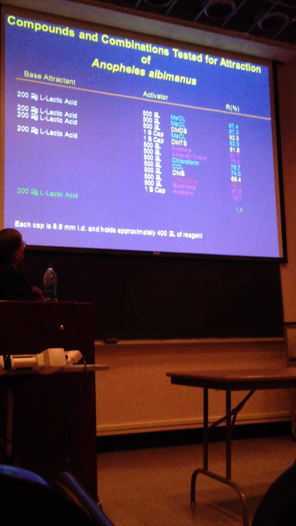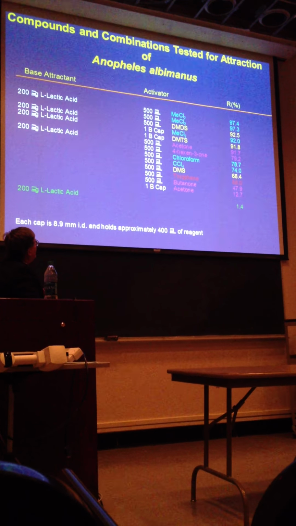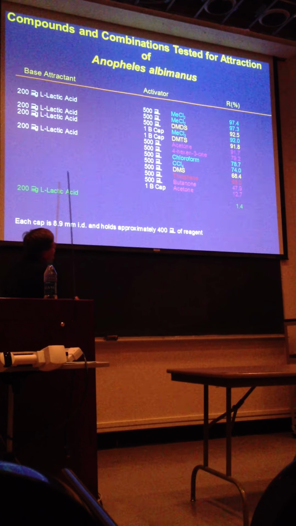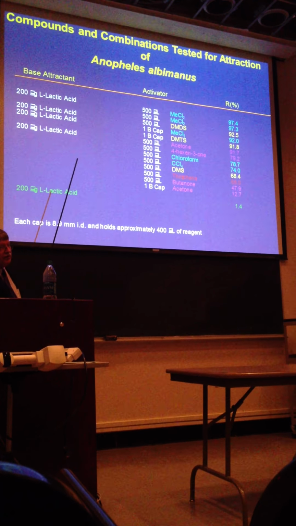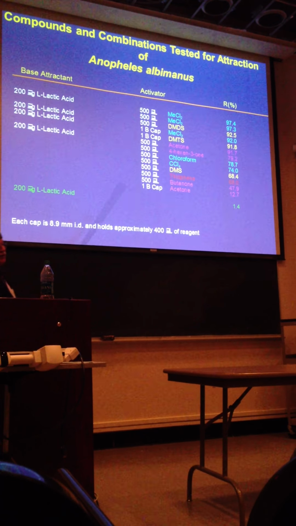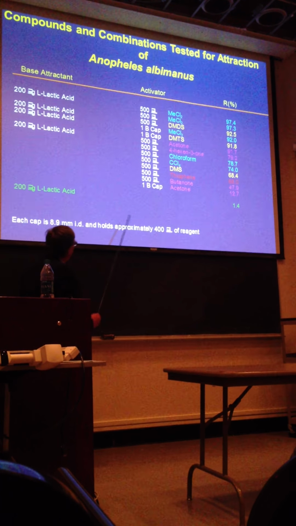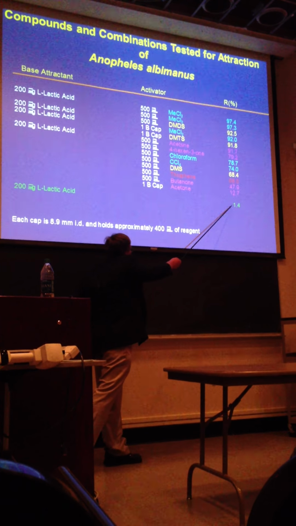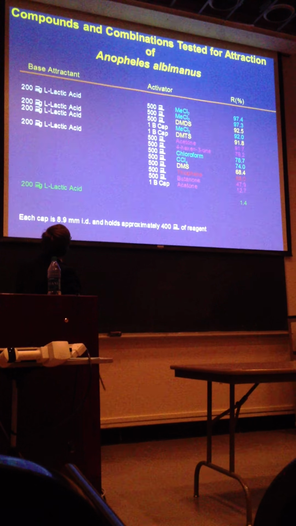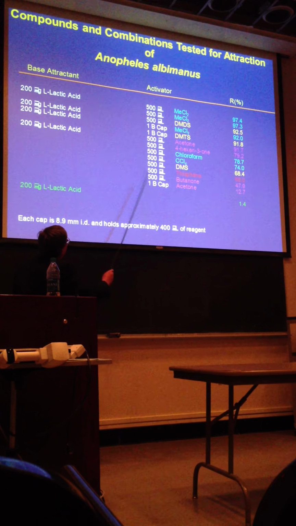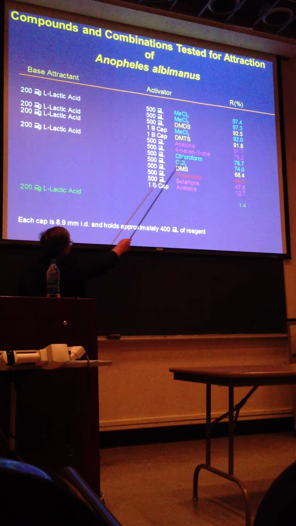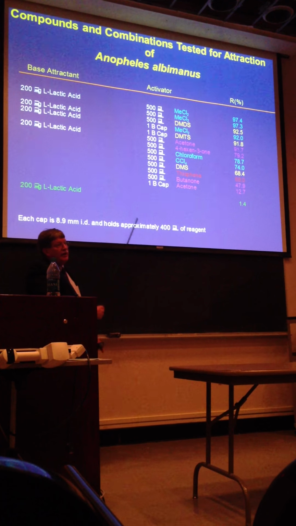So we looked at other species, these albopictus, these Egypti. Remember, there was 25% response to lactic acid. We put albimanus, which was a malaria vector in the Caribbean, and same thing, only 1.4% responded. If you mixed it with other things, like at the top, lactic acid with methylene chloride, we got like 97%.